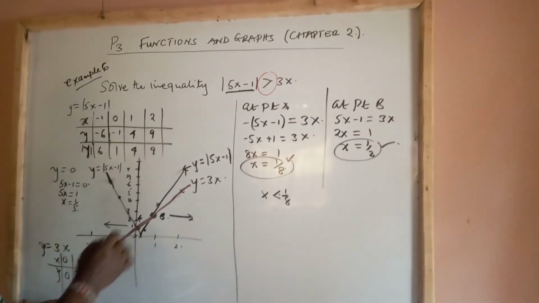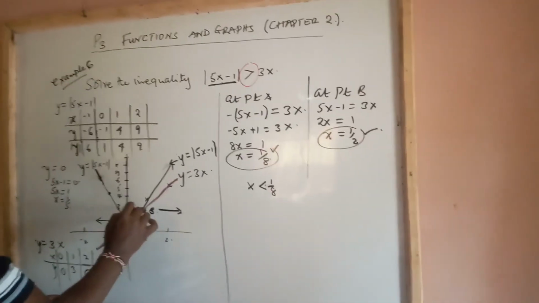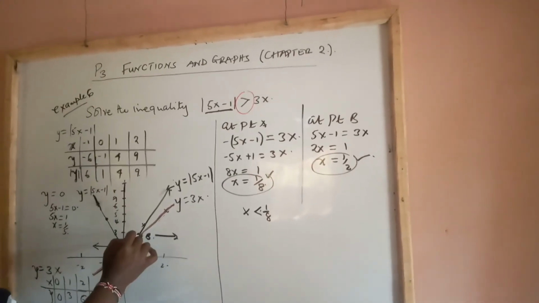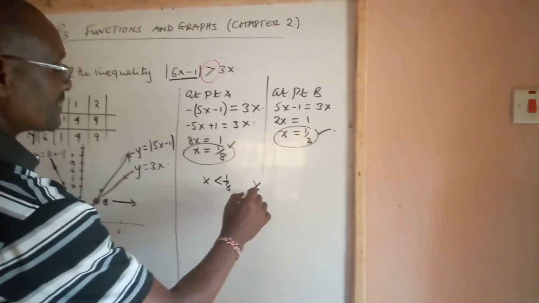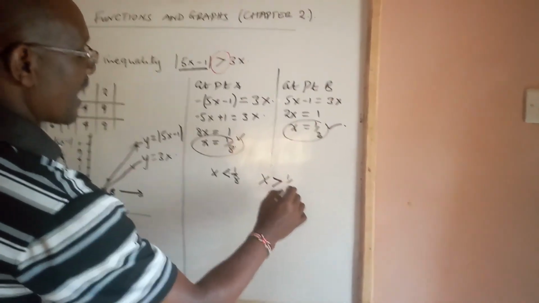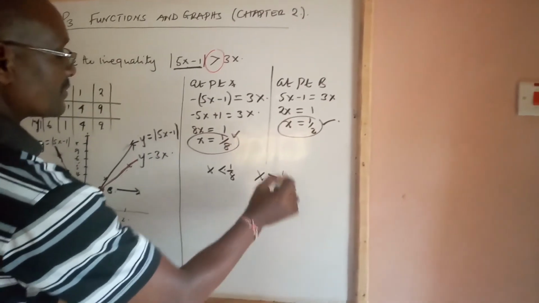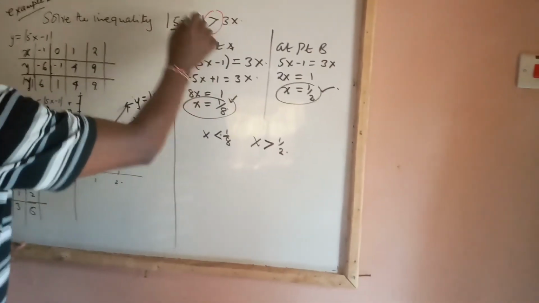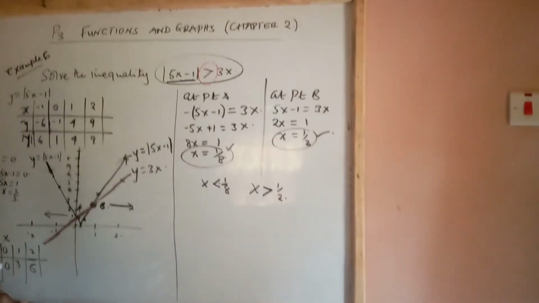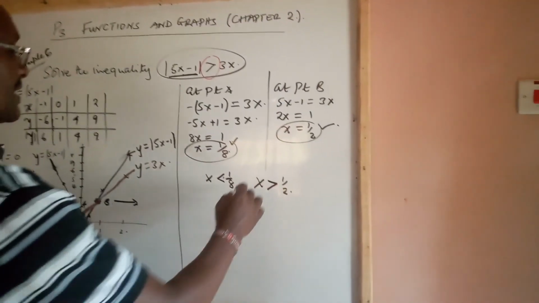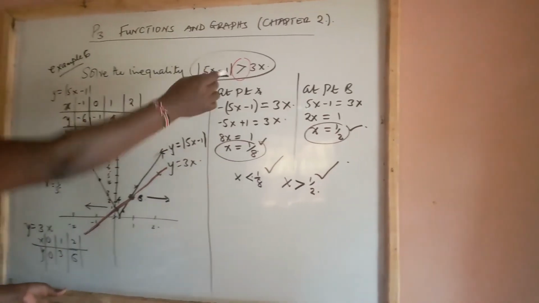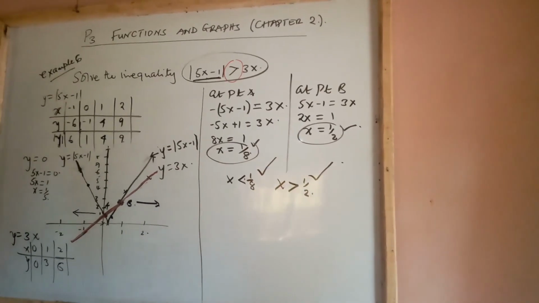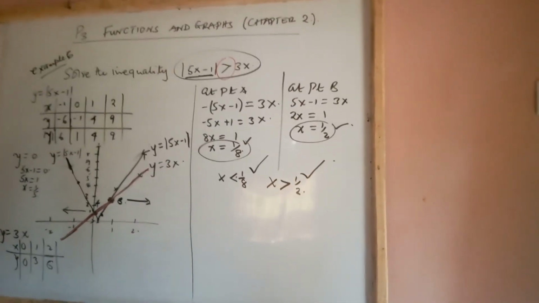Moving to the right, the black graph is always above the red graph, and therefore x is greater than a half for all these values of x. This relationship makes a lot of sense. And that is why those are our answers to the question we were looking at under example 6. All right?